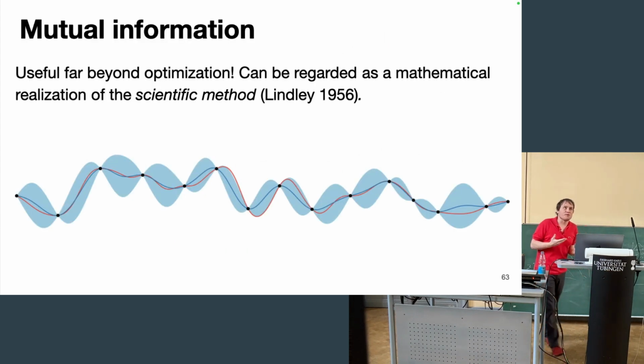But the nice thing about mutual information is that I can swap in any random variable that I want to learn about. I don't have to choose a random variable that's associated with optimization. So in these entropy search methods, I'm usually finding some induced belief about something to do with the optimum of the function. But if I just want to learn about the function itself, I can also use mutual information.